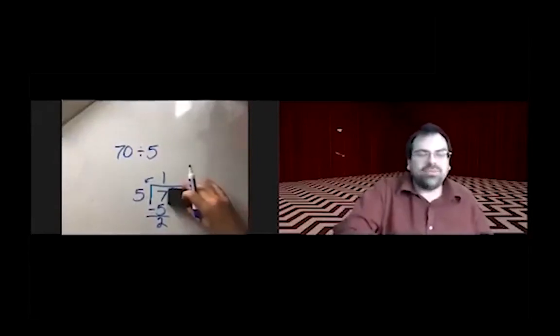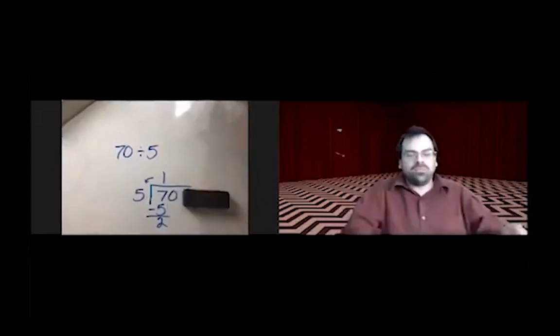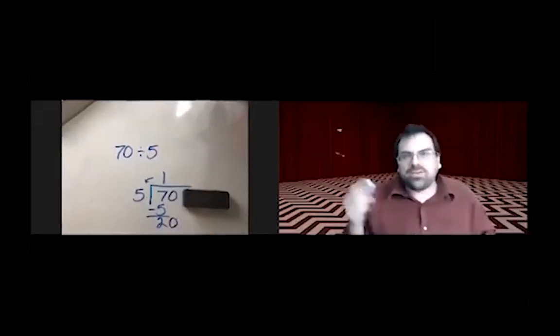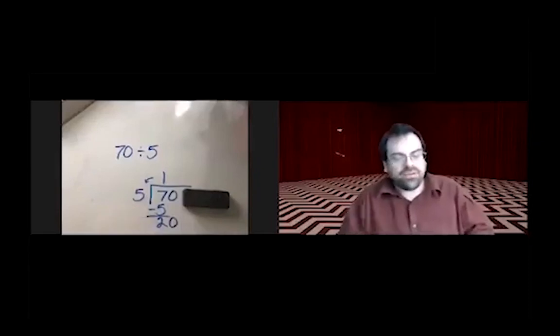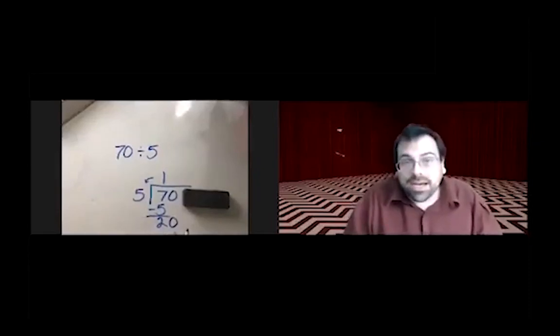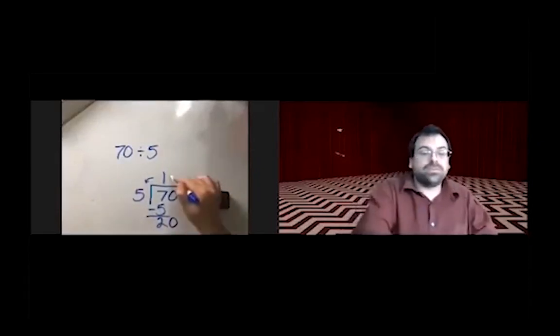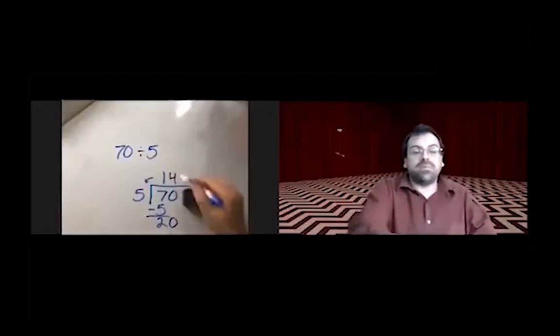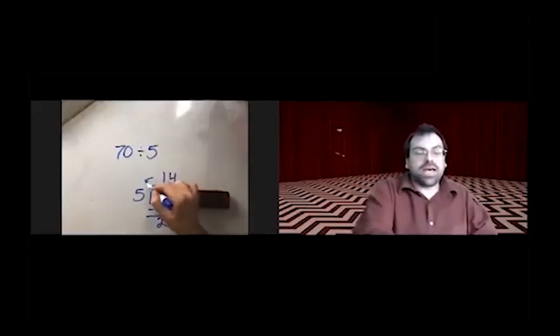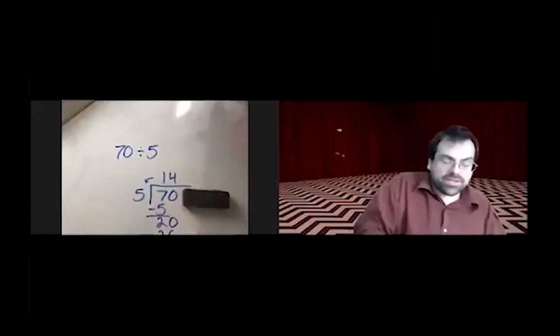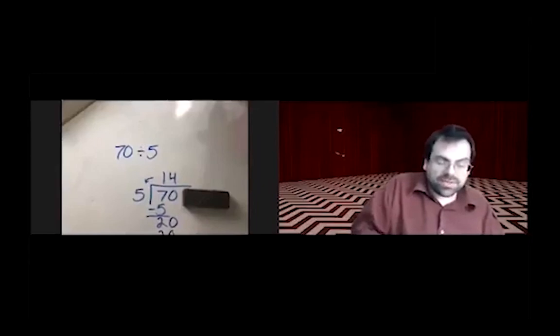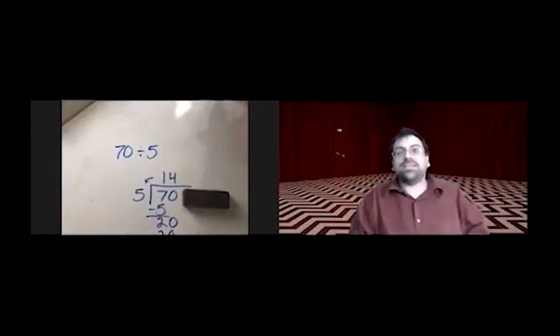Then you look at the next number, you bring it down, and you do it again. 5 goes into 20. How many times without going over? 4 times. Multiply around the corner. That 4 you just wrote times 5 is 20. We subtract and we get 0.